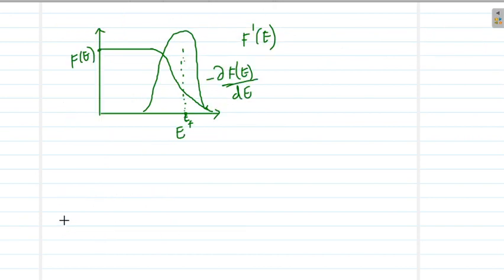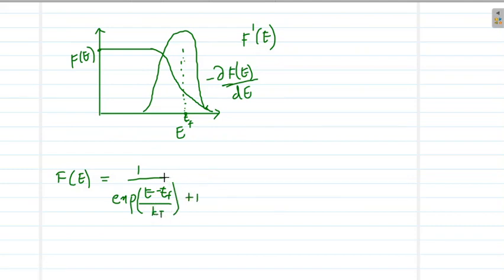because we know f of e is 1 by exponential e minus ef by kt plus 1. So if this is f of e, what will be f dash of e?